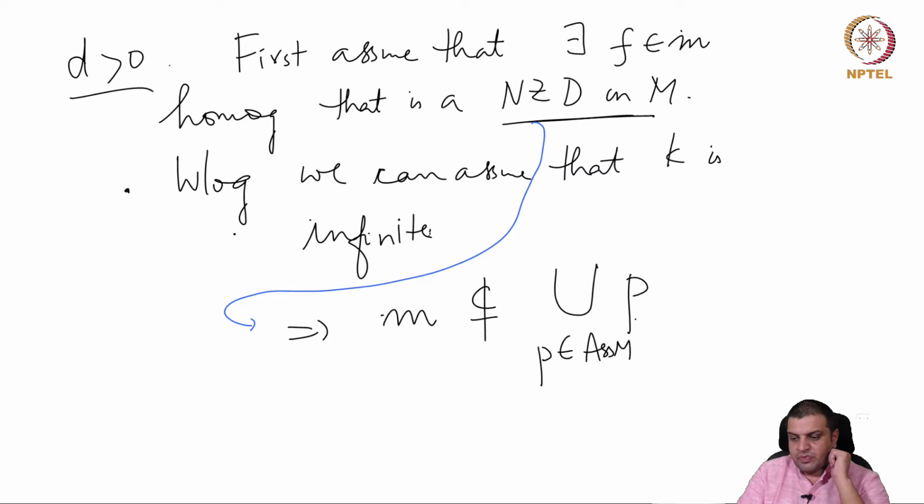The reason is: if F is a zero divisor, then the ideal generated by F kills something, so it is contained in the annihilator of some element inside M, and maximal things with that property are exactly the associated primes. So therefore F is contained in some associated prime. Conversely, every element of P itself kills something, so every element of P is a zero divisor. So to say that there is a non-zero divisor is to say that this is true.